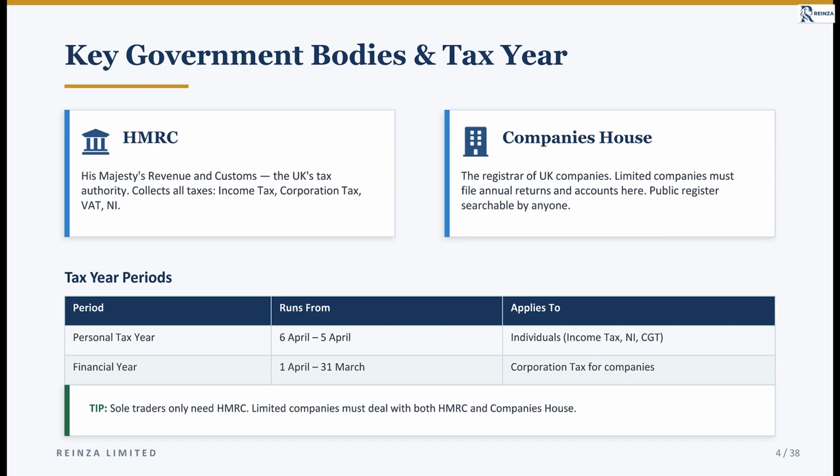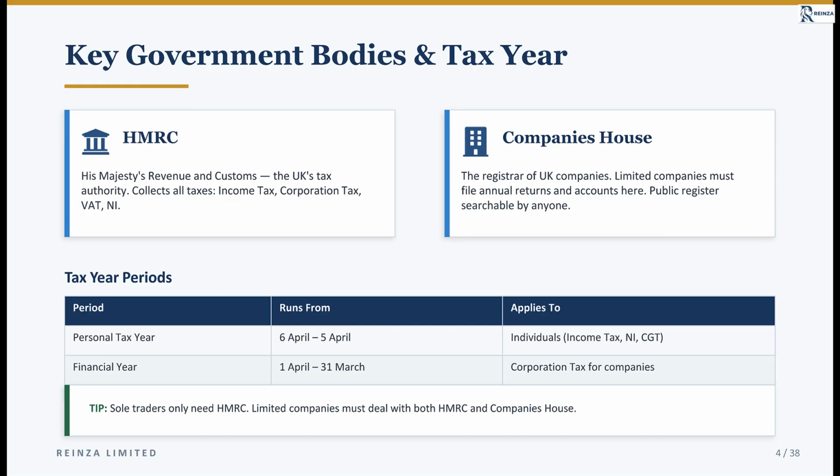Now, the tax year. For individuals, the personal tax year runs from the 6th of April to the 5th of April the following year. This applies to income tax, national insurance, and capital gains tax. For companies, the financial year runs from the 1st of April to the 31st of March, and this is used for corporation tax purposes.